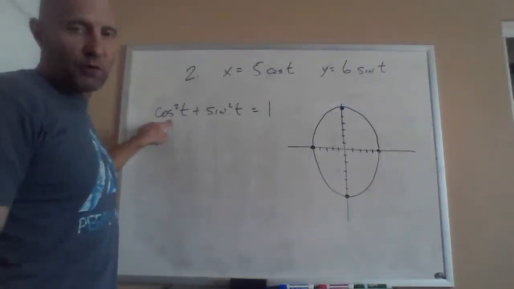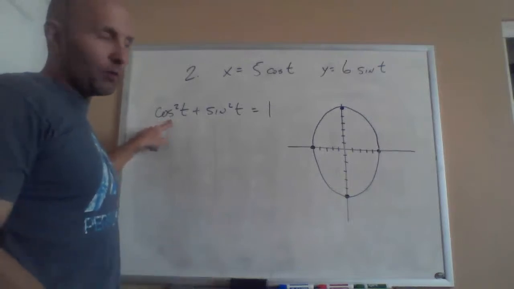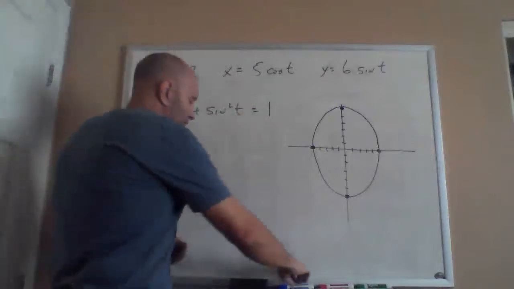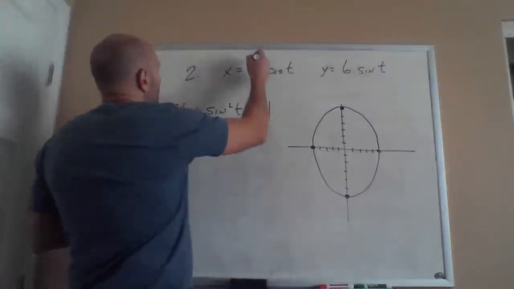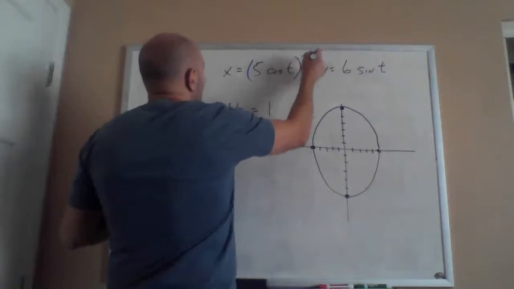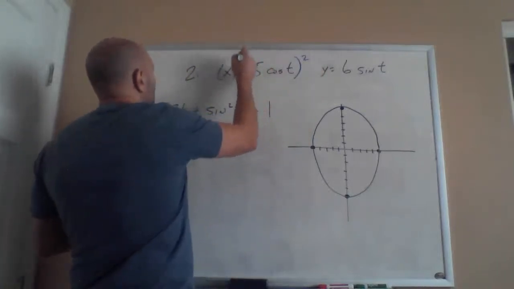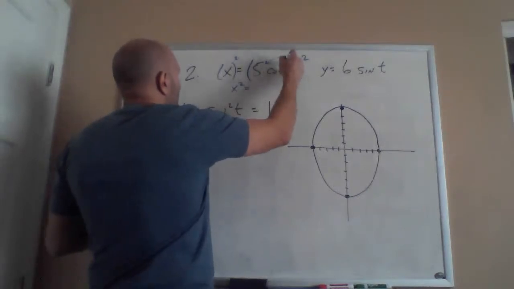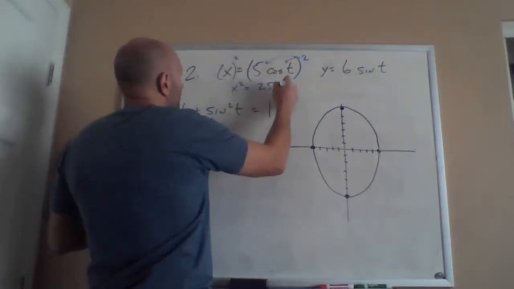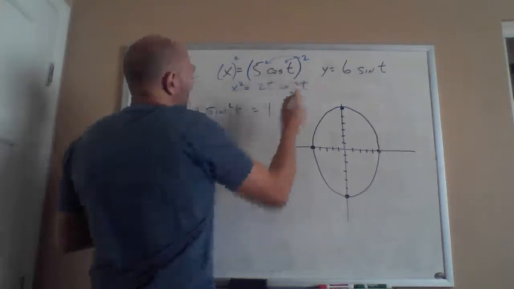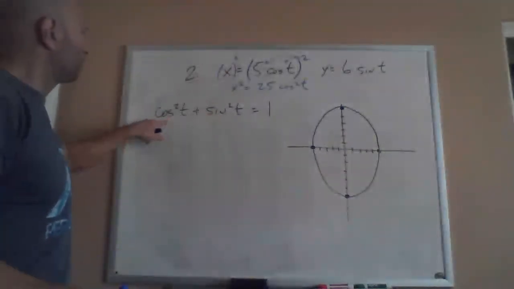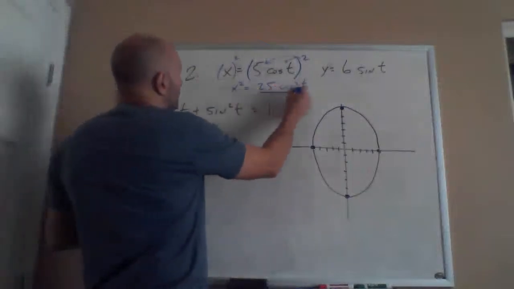So do I have cosine squared? No, I don't. But can I get it? Yes, I can. By doing what? By squaring both sides here. So I get x squared, bring this squared into both pieces, 25 cosine squared t. But I don't want 25 cosine squared, I just want cosine squared by itself.